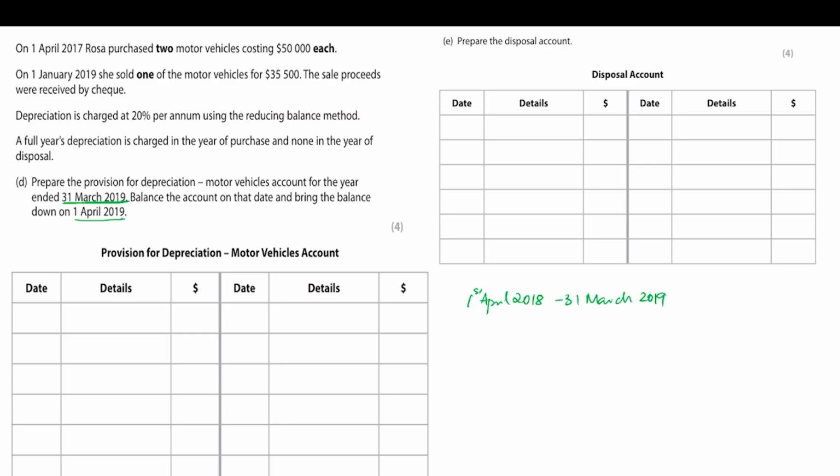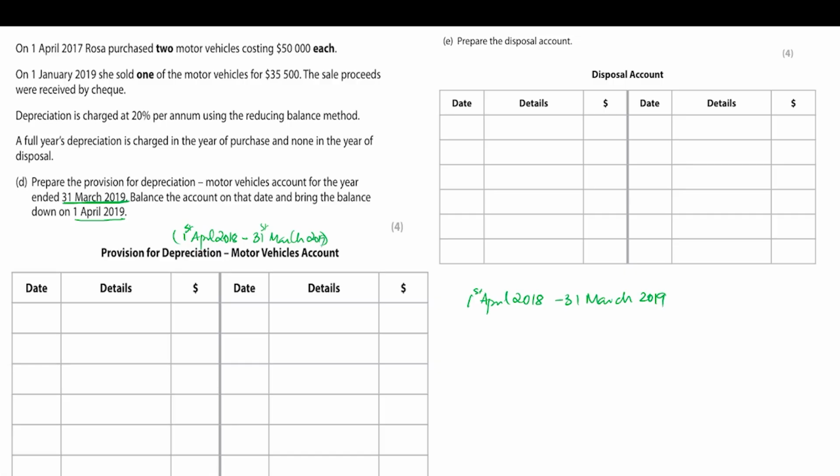So that is the year. I always write it down here for myself so that I don't forget which year I'm preparing it for. So I'll write here 1st April 2018 to 31st March 2019. This is the financial year I'm making it for.